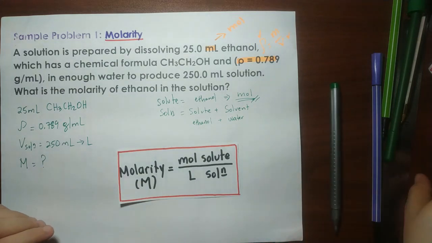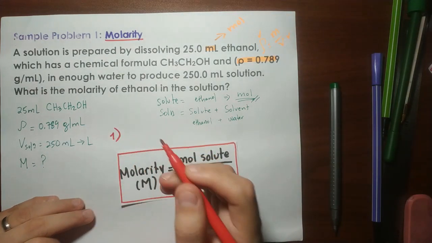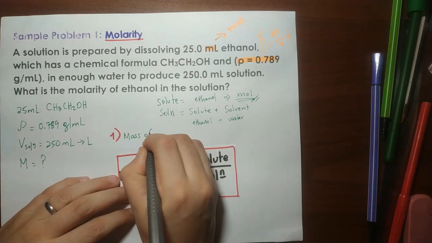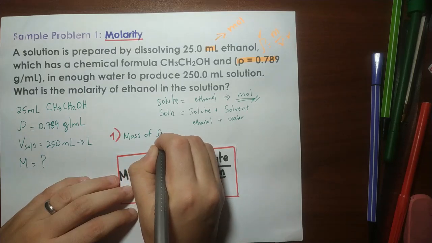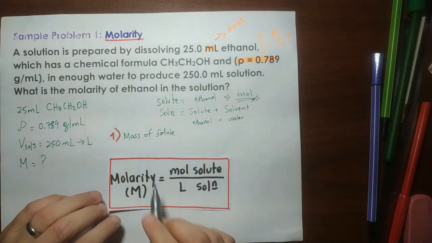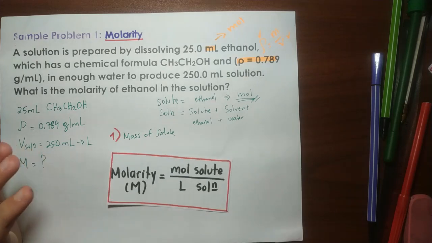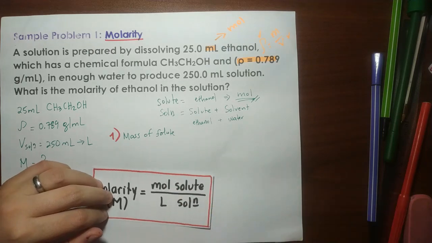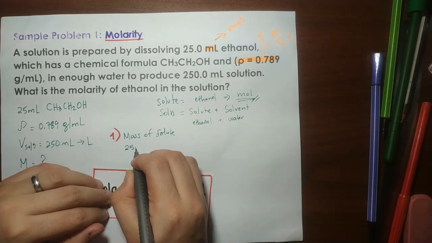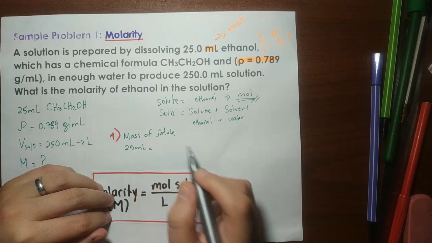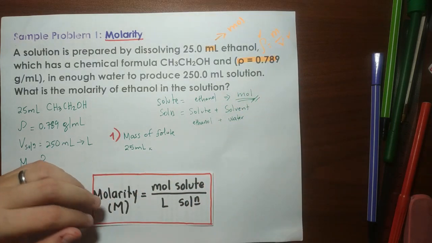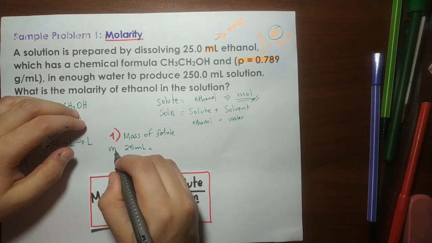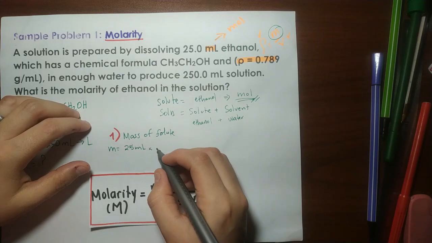So in the first step, what I'm going to do is calculate the mass of solute. Now what I have to get. Okay, I have 25 milliliters of the substance, and I know it has a density. So basically mass is going to be equal to the volume times density.